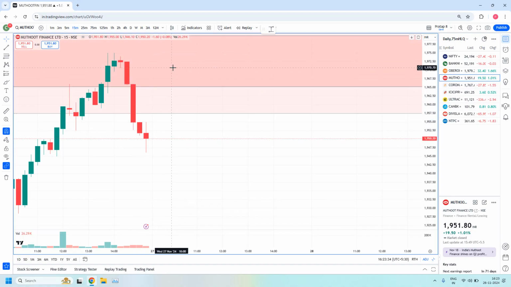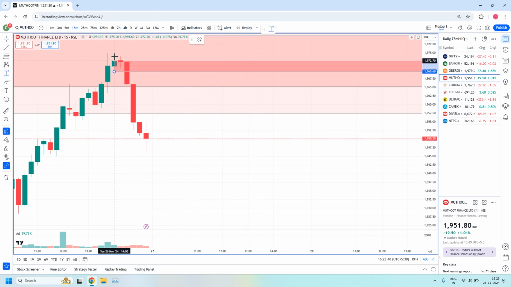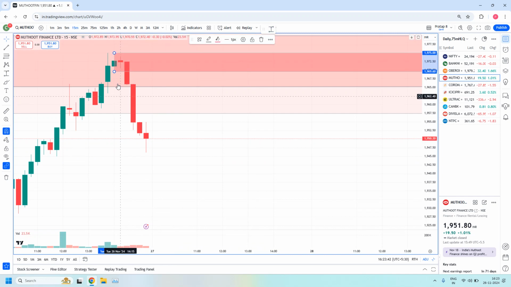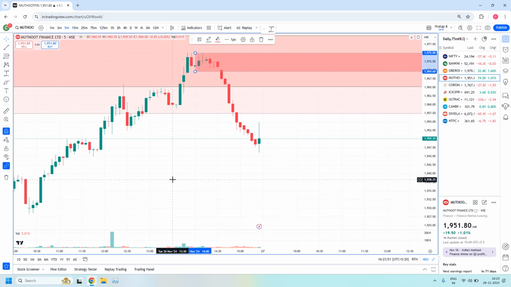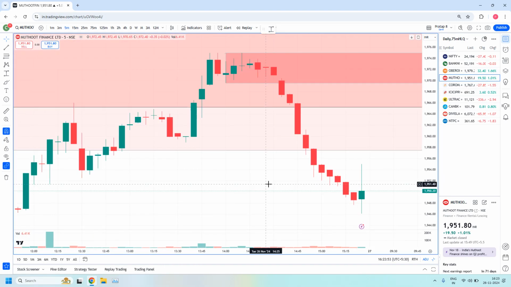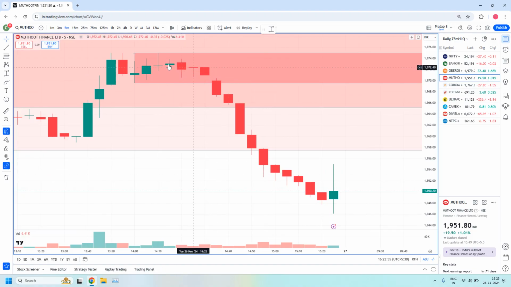Today there is no retracement till this zone. Maybe next time when our software lists it again, at that time you can draw a zone like this. A rally base drop. If this has a fine-tuned 5-minute zone, next time you can plan a trade. Is it having any proper fine-tuned 5-minute structure?